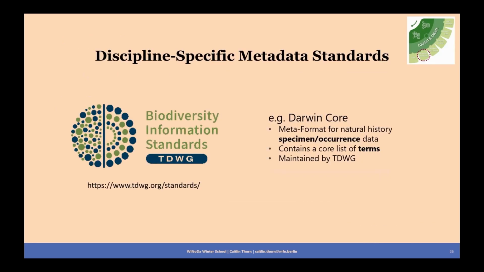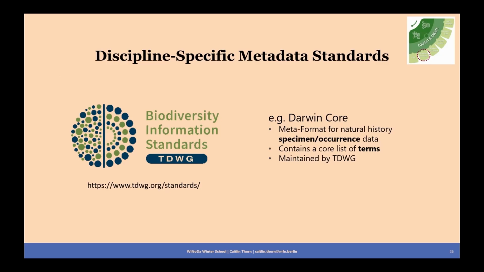One discipline-specific metadata standard is Darwin Core. This is part of the Biodiversity Information Standards, also known as TDWG. These are many standards maintained by the natural history community. Darwin Core is a metadata format for natural history, specimen, and occurrence data.